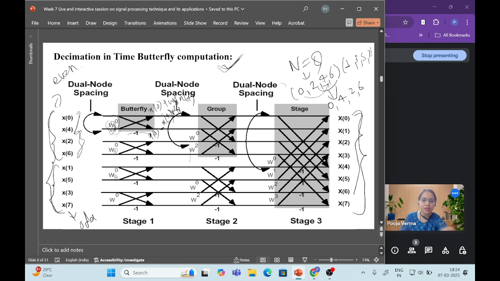Here N is equal to 8, so how do we calculate the number of stages? 8 is written as 2 to the power 3, which represents three stages: stage 1, stage 2, stage 3. From here you can calculate how many stages you will require.